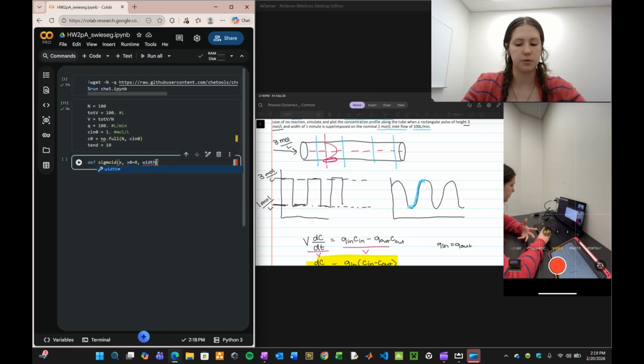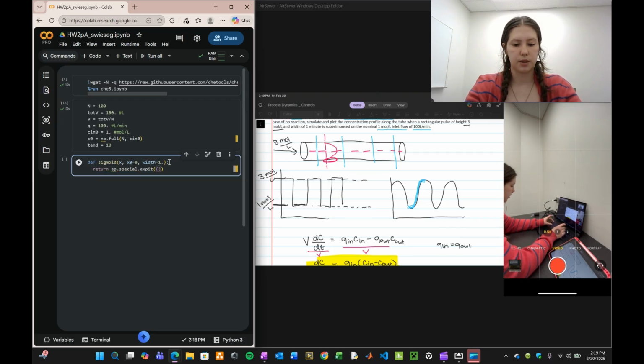And then we'll set our width default value to 1. And so that will be our sigmoid function, and we want to return scipy.special.expit. We want to return that x minus x naught value over our width.